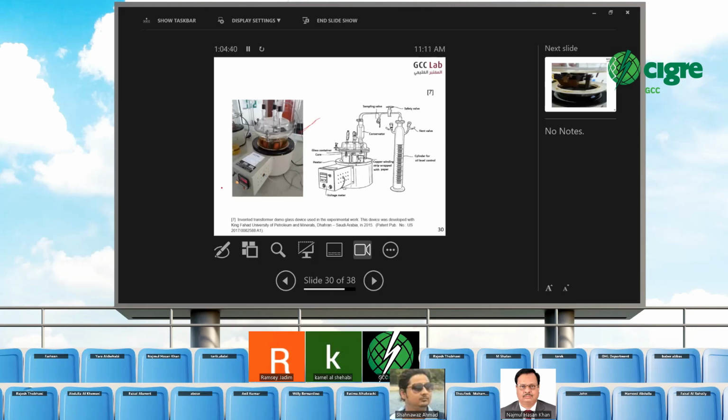So we got a patent for this, and we started work to see what products, chemicals or gases come out after deposit.